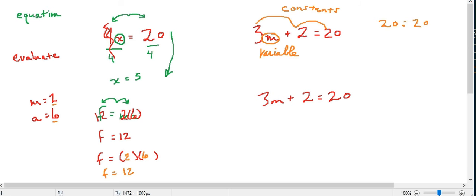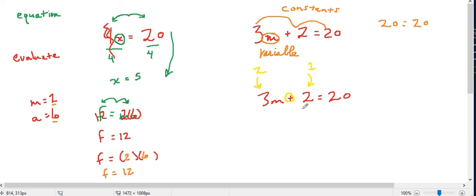Now, kind of different from order of operations. Instead of dealing with the multiplication thing going on here first, we actually want to jump over to deal with this. Okay? If you've got something added to this term, we want to deal with this first, then the second.